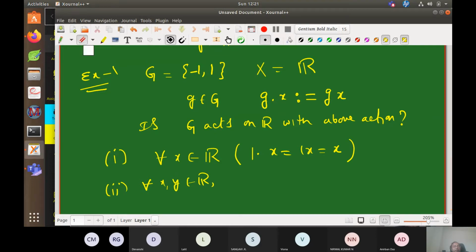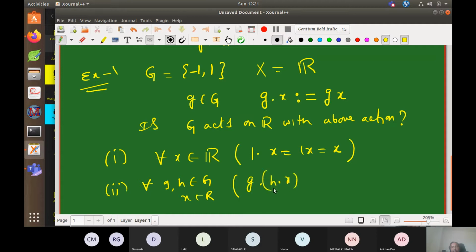So g dot (h dot x) is equal to gh dot x. We need to see this. Now here g and h have a finite number of possibilities, so one can check all of the cases, case by case.